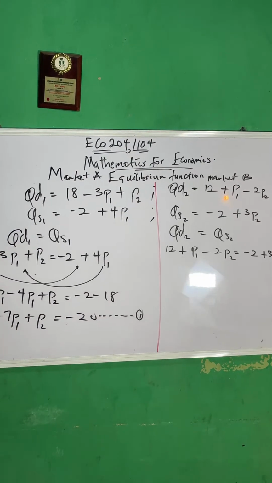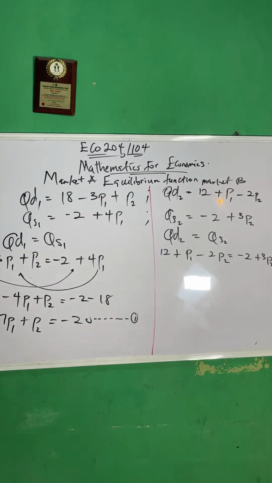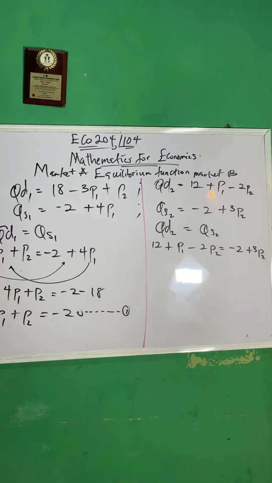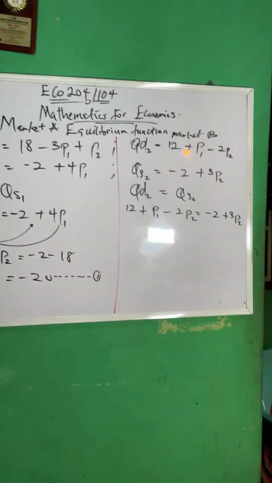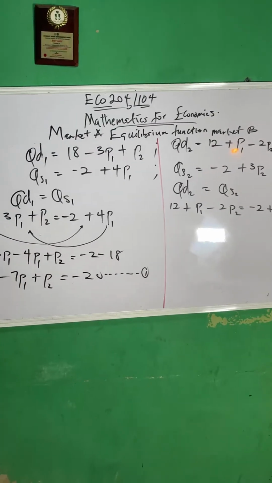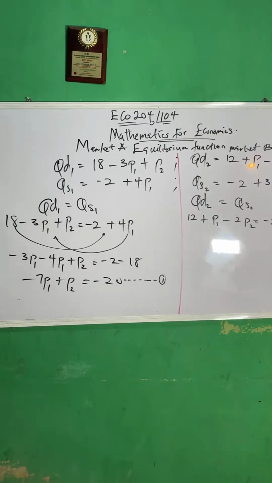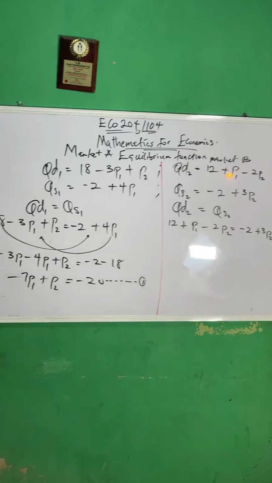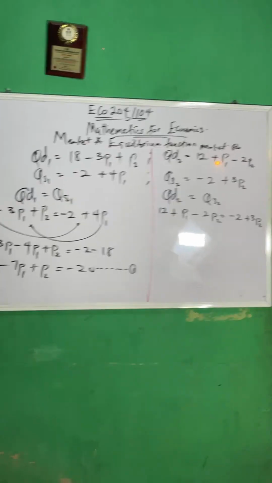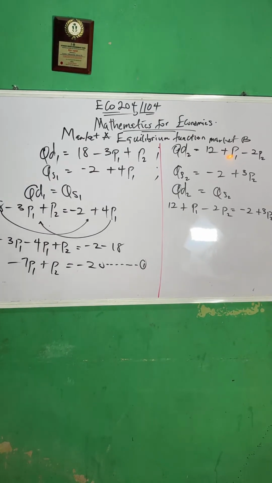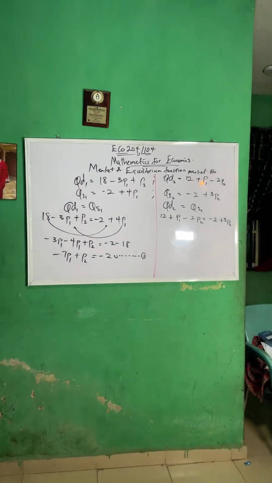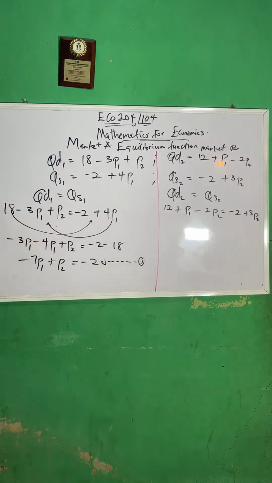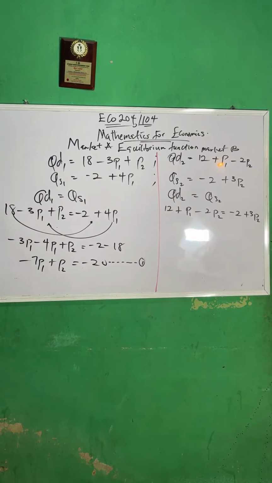So I want to set the camera so that we're able to see. I think you can't see the one side very well. Okay, I'm setting the camera for you guys. I think you can see it very well now.